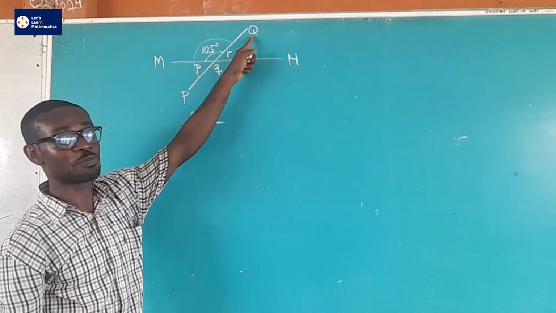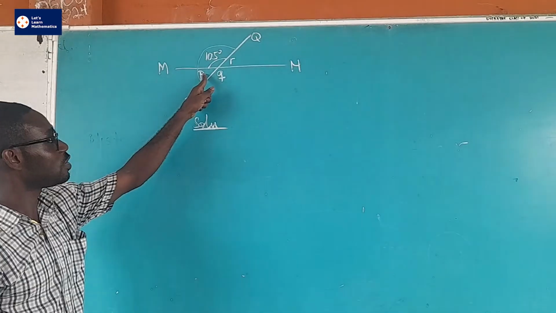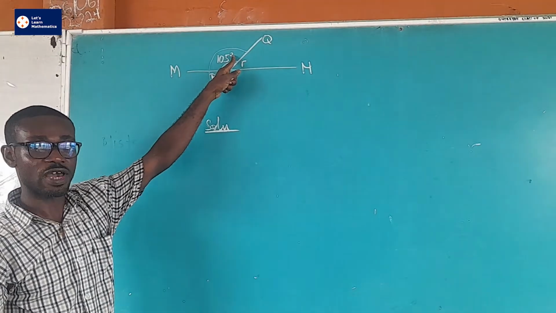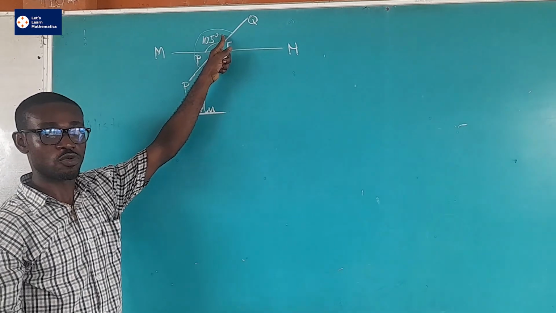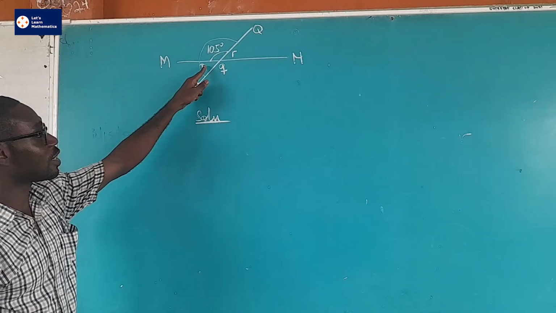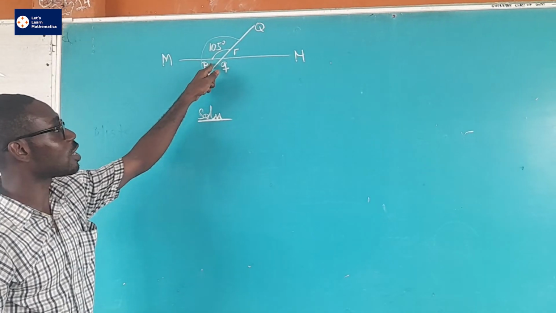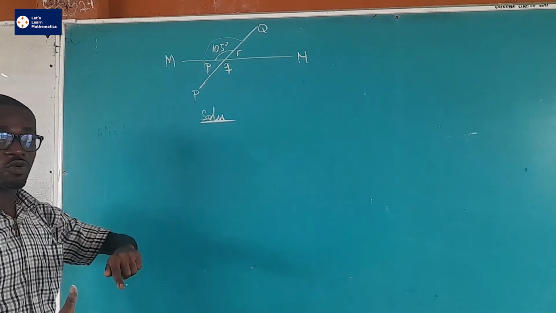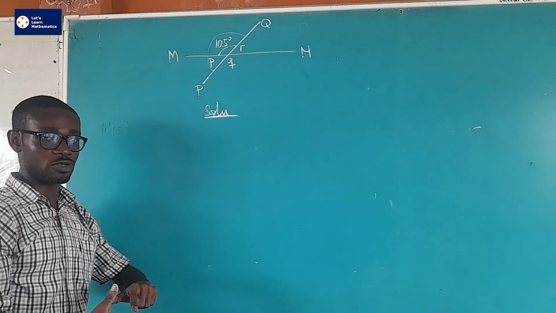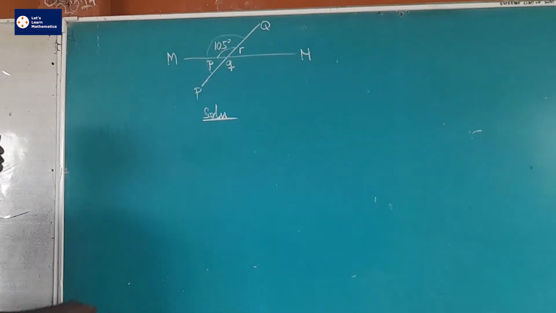If you are considering line segment PQ, you can see that P and angle 105 degrees are on the same line. And we know that angles on a straight line, when we add them together, we are going to get 180 degrees. So let's use that property.